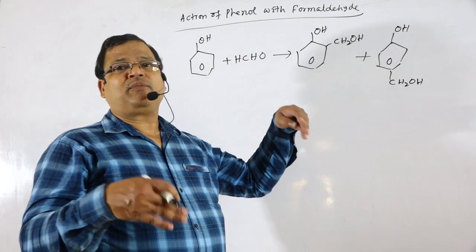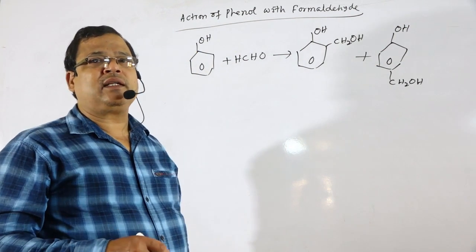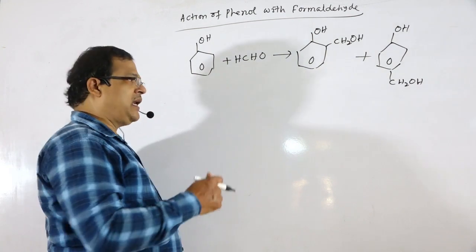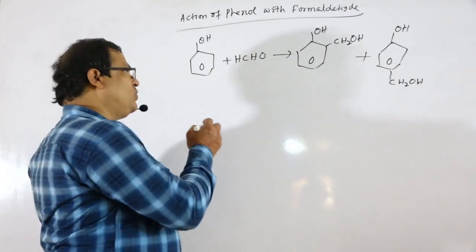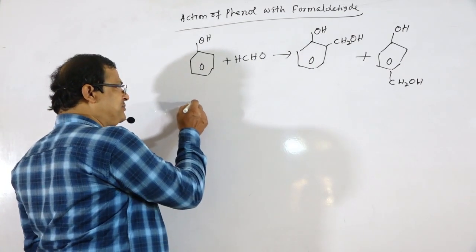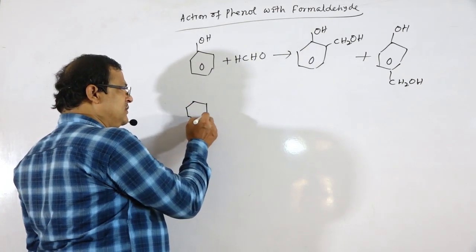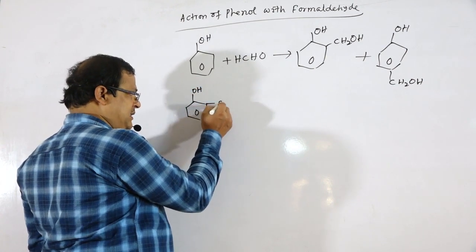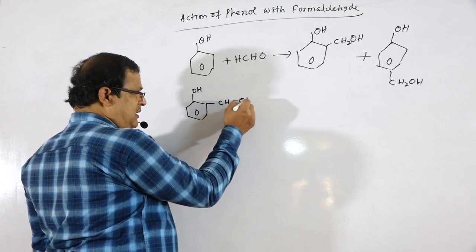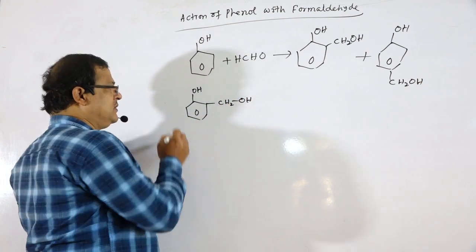So how will they get polymerized to form different polymeric materials, linear bakelite and cross-linked bakelite? Whenever you take this OH, that is CH2OH, this is your ortho product.